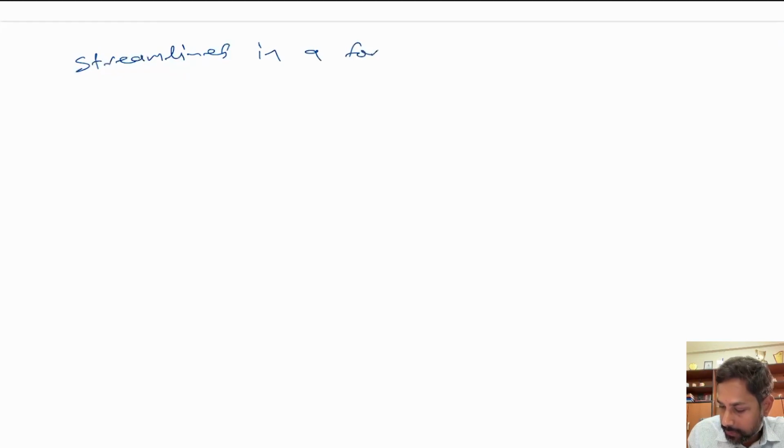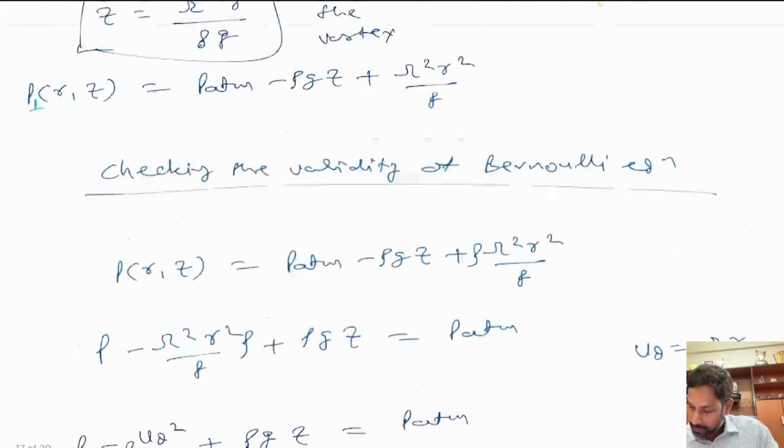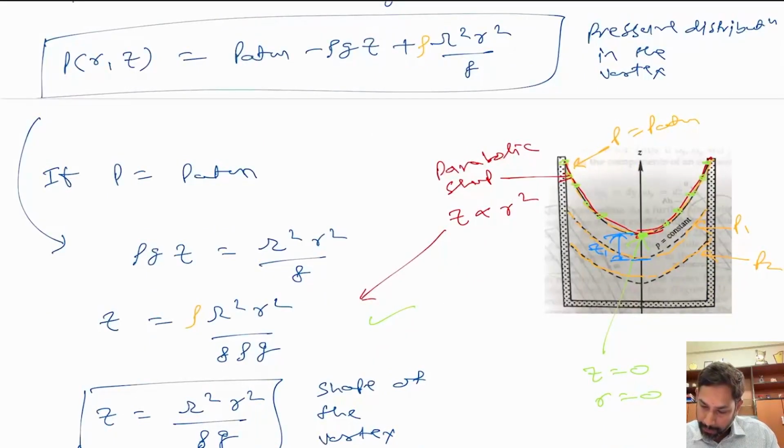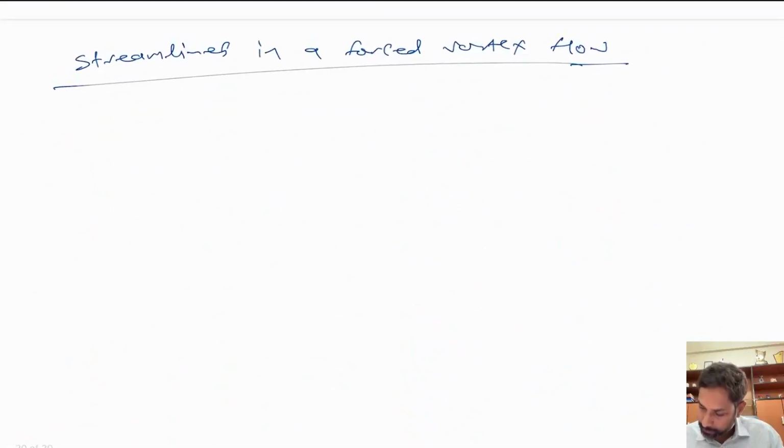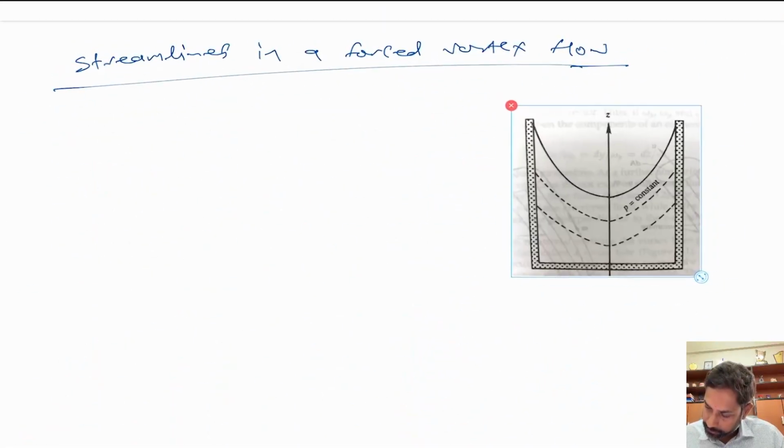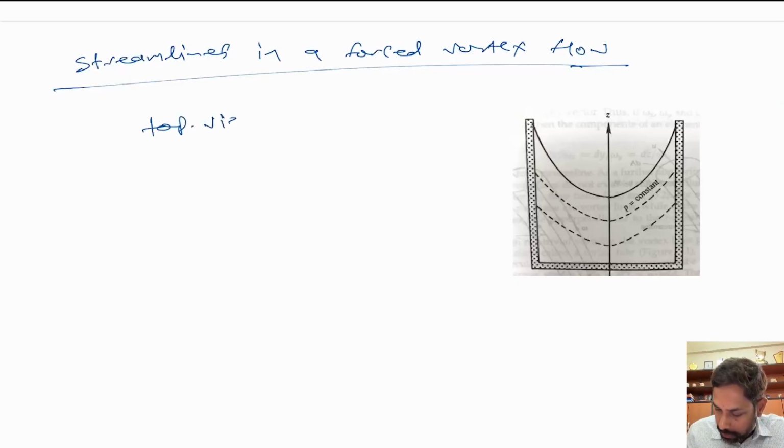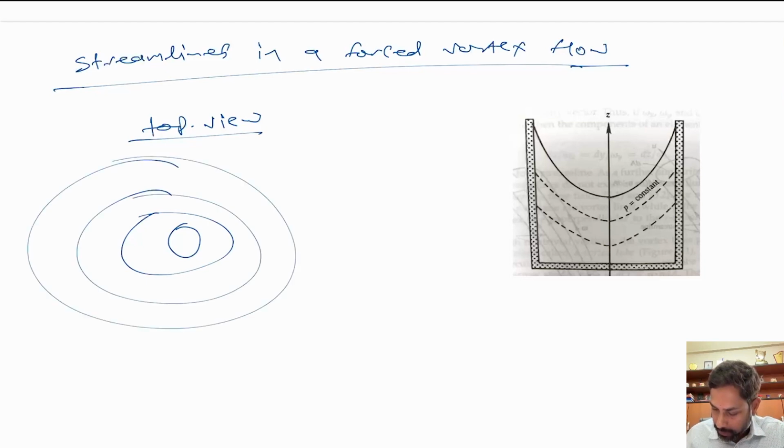All right, and now if you want to see the streamlines in a forced vortex, let's take this image again. Okay, so we know that you're rotating in this way, and if you look from the top view, it will look something like this, right? This is how the fluid is flowing in a perfectly circular shape, right?